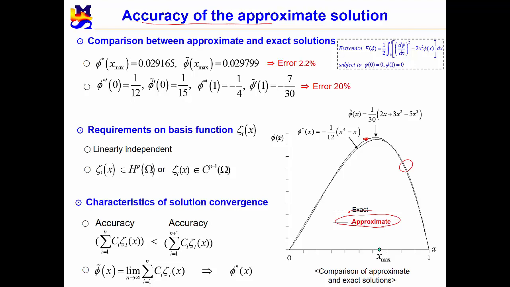Even though the exact solution is a quartic function, while the approximate solution is a cubic function, they are very similar in the region of interest. The maximum error in terms of temperature or function value is around 2%, even though we employ only two known functions, that is basis functions, in this method.